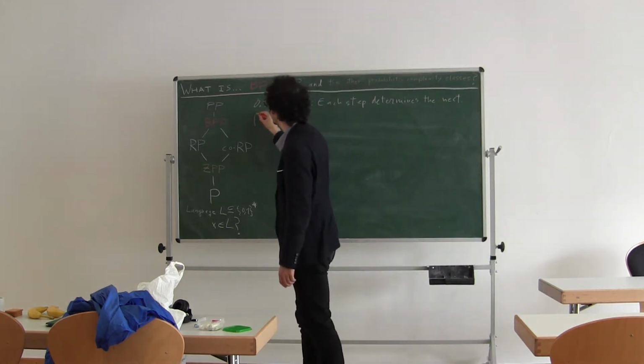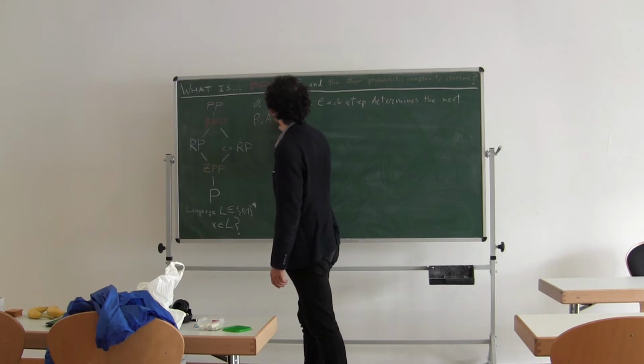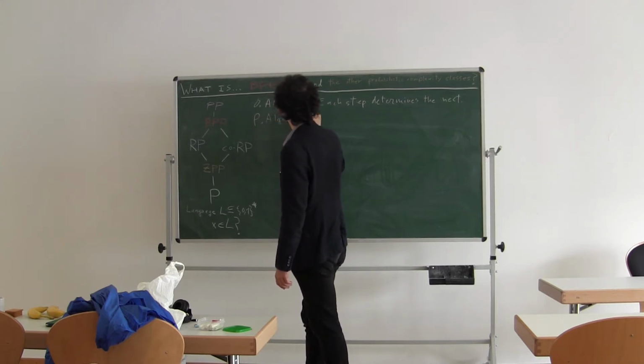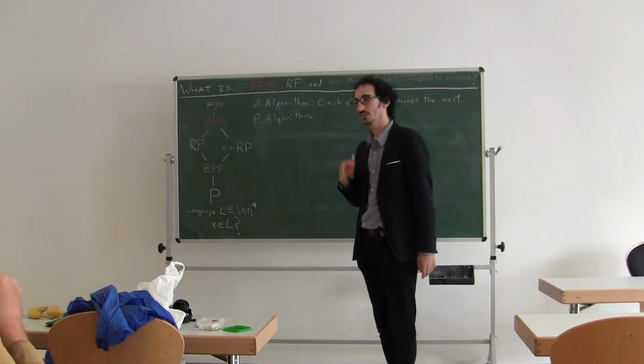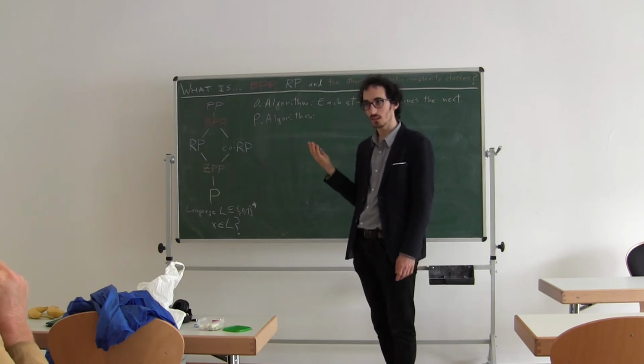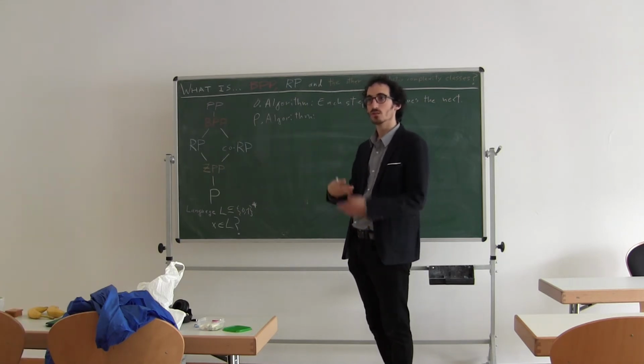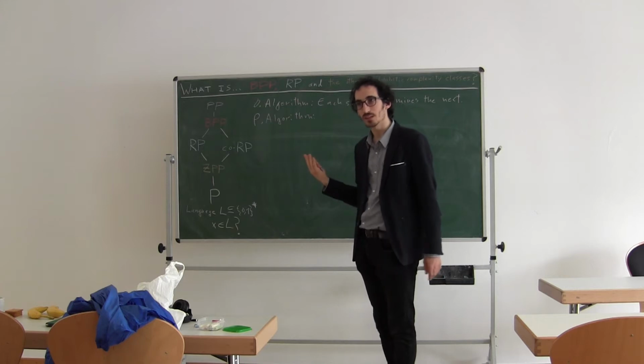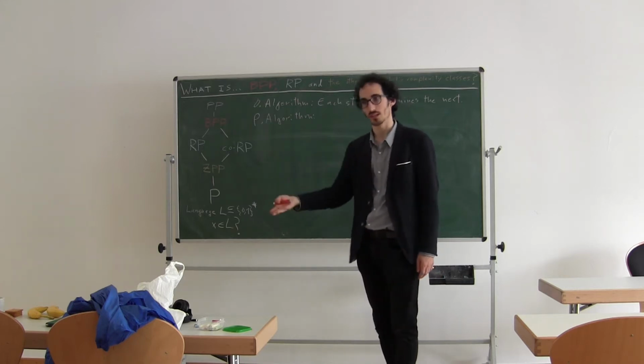So a probabilistic algorithm is essentially a similar idea, but now we can have several possibilities, and you throw a coin or you use some random number generator to decide which step to take.